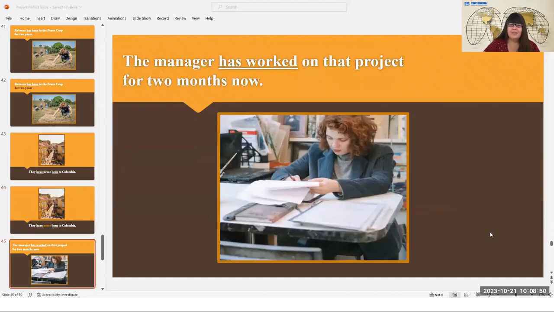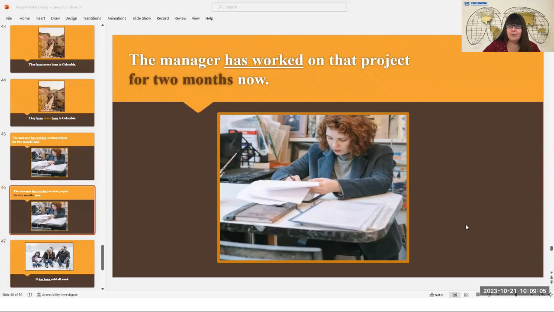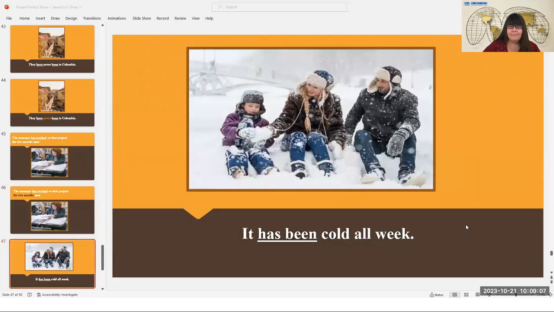The manager has worked on that project for 2 months now. So we see the manager's working, but it was actually 2 months ago that she started, and she's still continuing to work on it. So we have for 2 months. It has been cold all week.